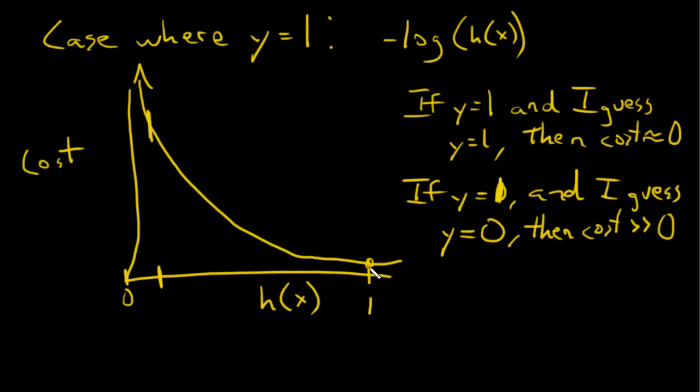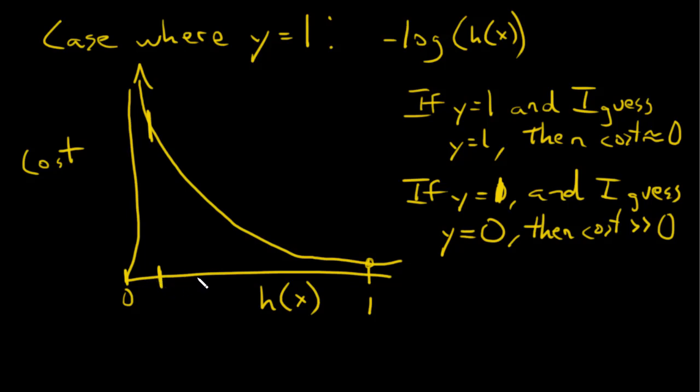So what this does, which is really fascinating, setting this up this way, is that if my h of x winds up being a very positive value near 1, the cost is going to be nearly 0. If the h of x is very low and I wind up guessing a 0, the cost is going to be very high.